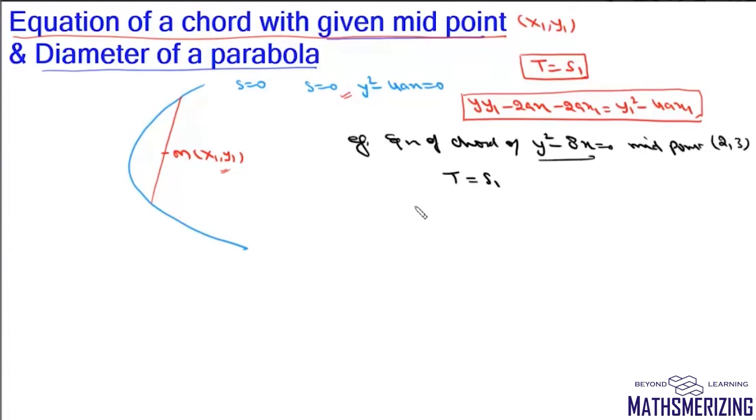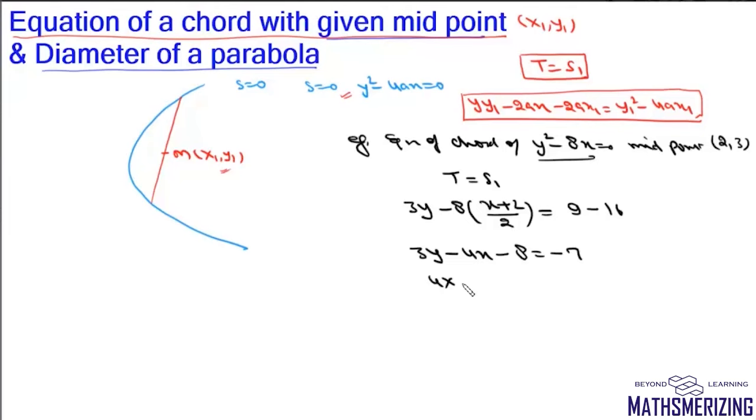So we can write this equation as 3y minus 8 times (x plus 2) upon 2, and this is y square, which is 9 minus 16. So it will be 3y minus 4x minus 8, and this is minus 7. So this equation will be 4x minus 3y plus 1 equals 0. So the chord of parabola y square equals 8x, whose midpoint is (2, 3), is given by 4x minus 3y plus 1 equals 0.